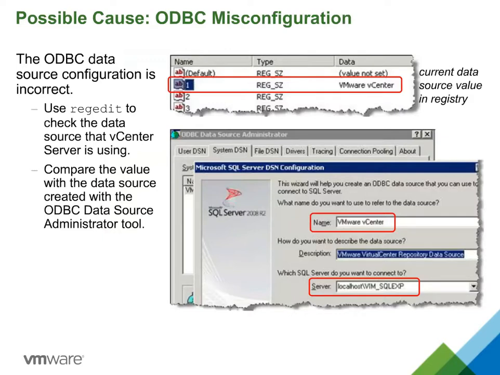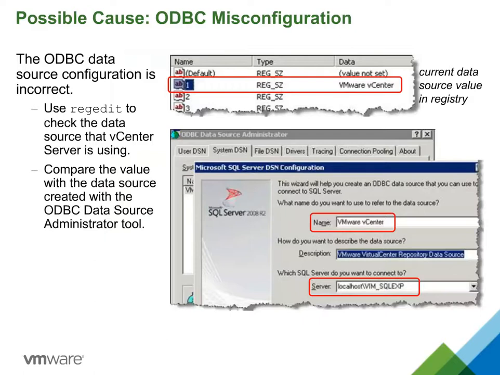If it's an ODBC configuration, that can easily be fixed by just fixing the ODBC. It could be that maybe it's pointing to the wrong ODBC connector. That requires a little bit fancier work. You can use regedit to do that. One word of caution: whenever you use regedit or regedt32, always make a backup of your registry first before you touch anything.